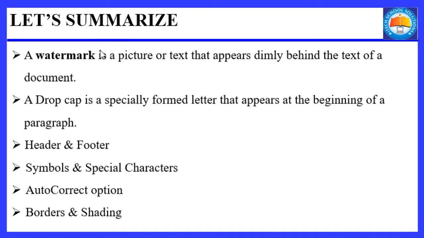Let's summarize. Children, what is watermark? A watermark is a picture or text that appears dimly behind the text of a document. Either you can add a picture watermark or text watermark. What is drop cap? A drop cap is a specially formed letter that appears at the beginning of a paragraph. Header and footer. Using header and footer option, you can add your name, date and time.